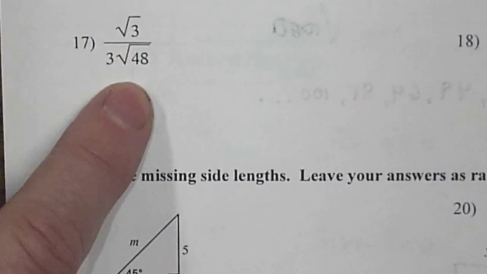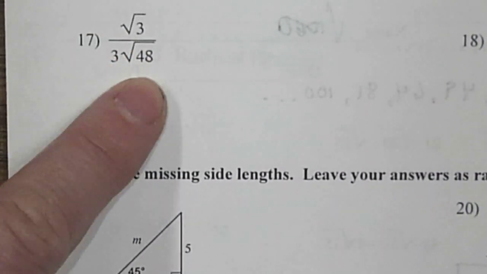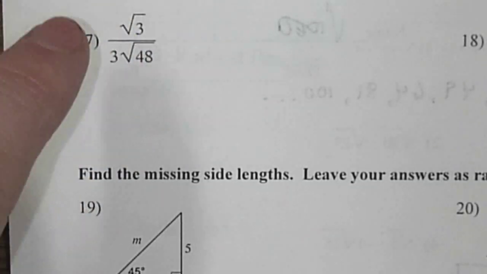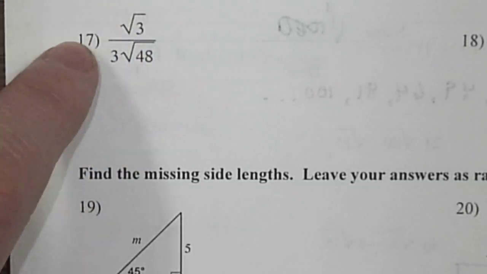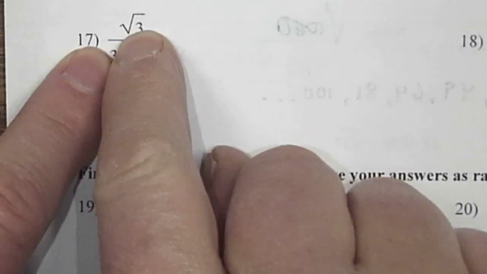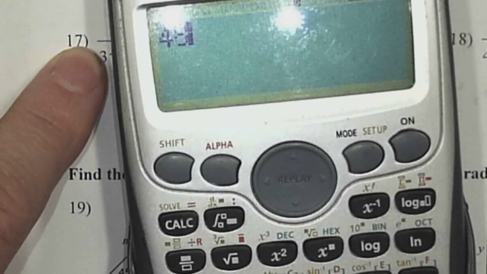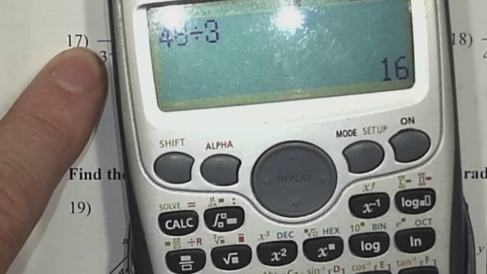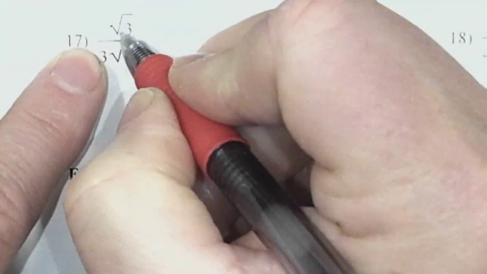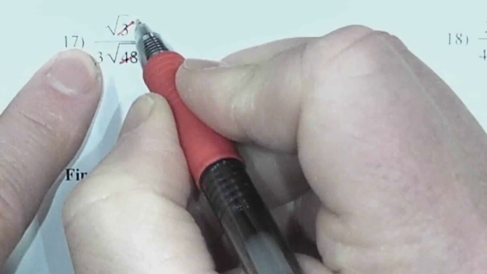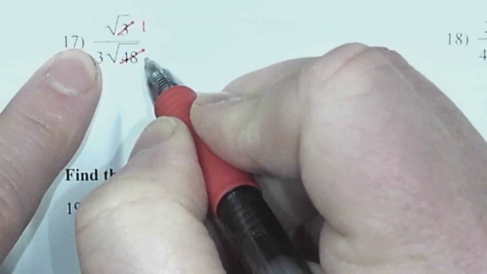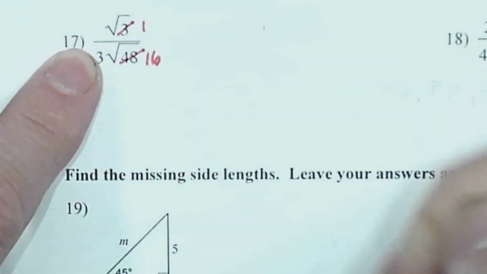Okay, here, I'm wondering about this 48. I could try to simplify it, but what I should try to do is see, does 3 go into 48? So I'll just come here with the calculator. 16. Oh, good. So that means this cancels and this cancels. 3 goes into here 1 time, and 3 goes into here 16 times.